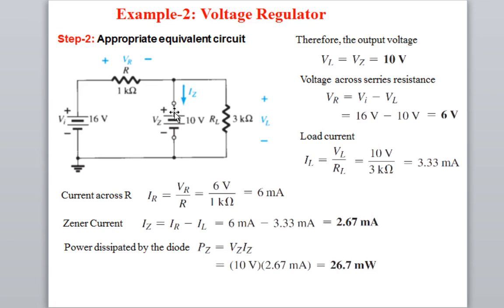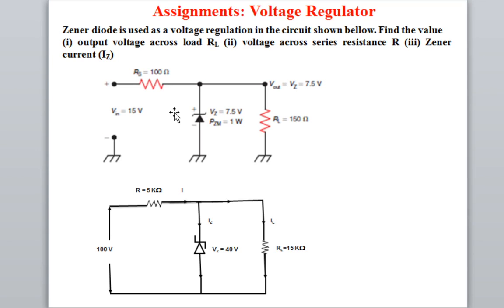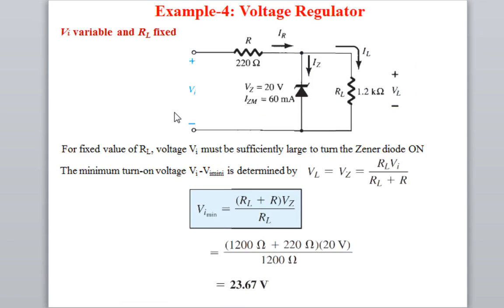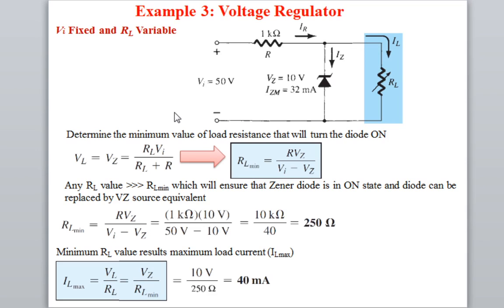It means load resistance plays a major role in determining whether your Zener is in forward bias or in reverse bias. So in the present problem, because this load resistance is not known, it is variable, we have to determine the value of load resistance by knowing the previous condition.